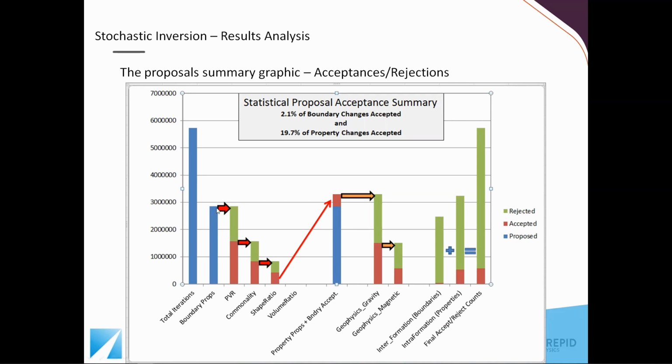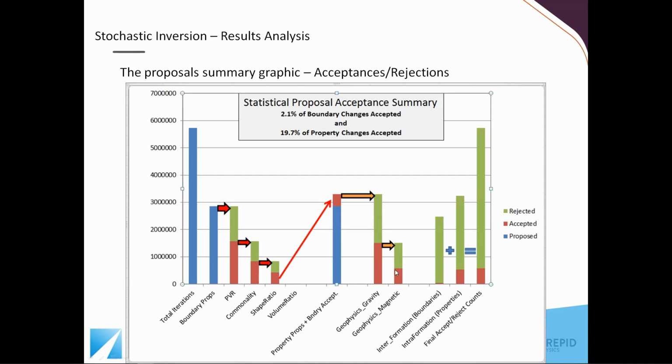Half of the iterations are allowed for the boundary condition, which contains PVR, commonality, shape ratio, and volume ratio. The model which satisfies all these geological constraints will go to the next stage, where it has to pass the geophysical gravity criteria and the geophysical magnetic criteria.